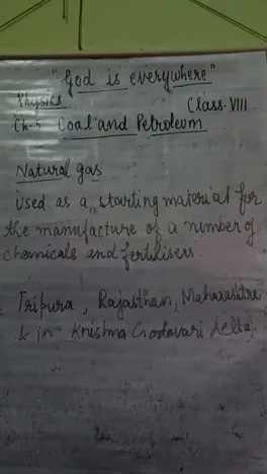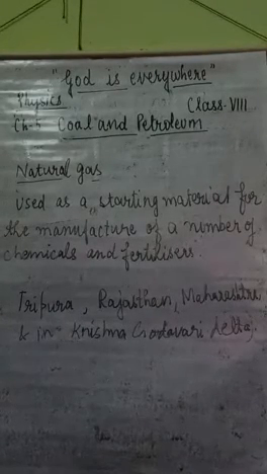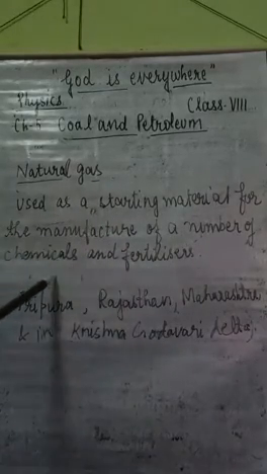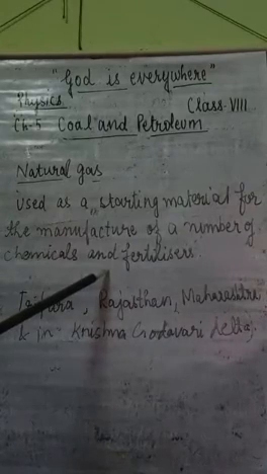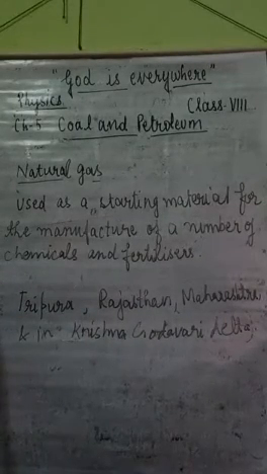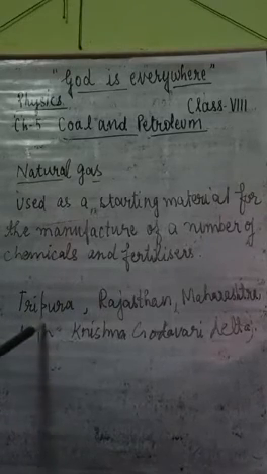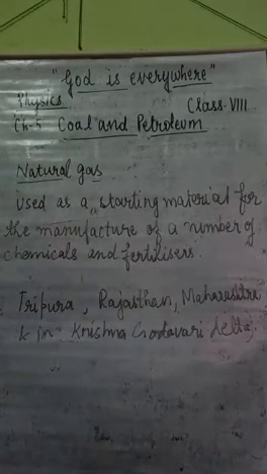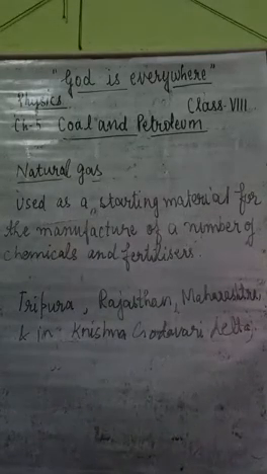Natural gas is also used as a starting material for the manufacture of a number of chemicals and fertilizers. In our country, natural gas has been found in Tripura, Rajasthan, Maharashtra, and in the Krishna Godavari deltas.